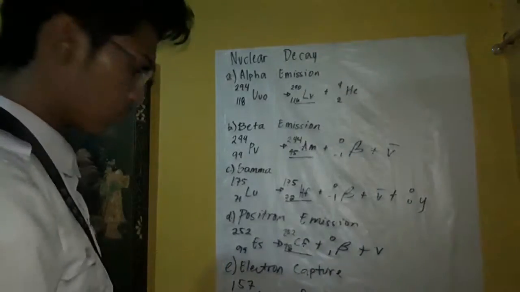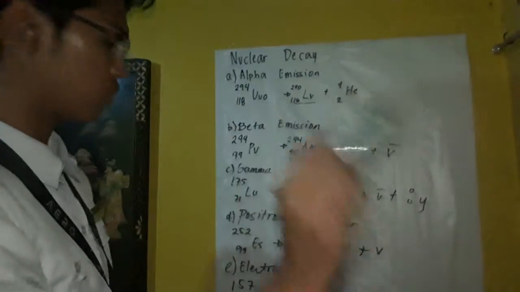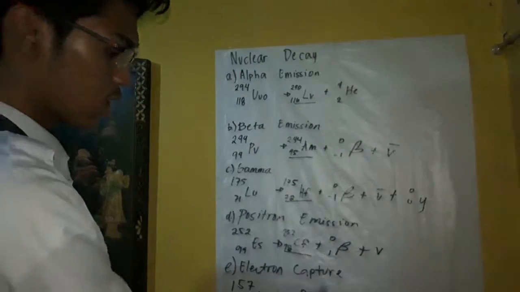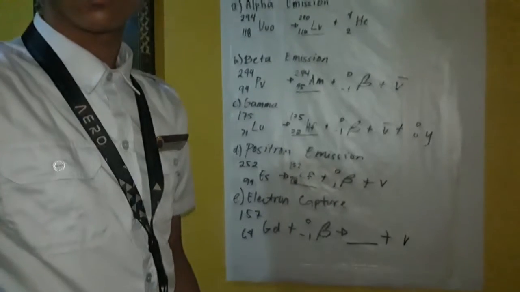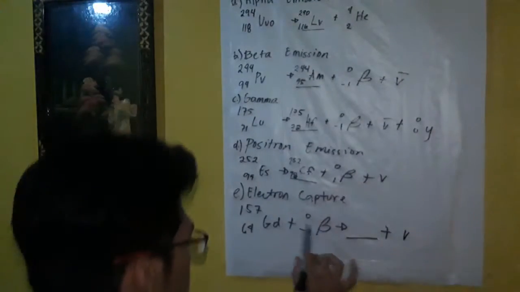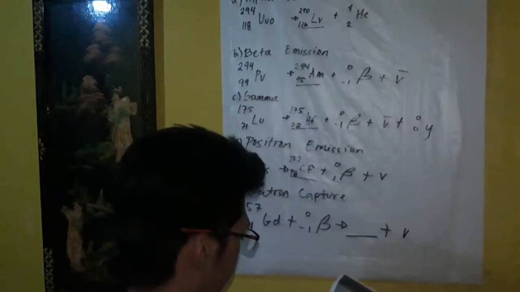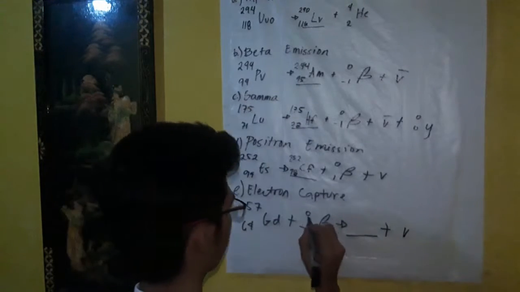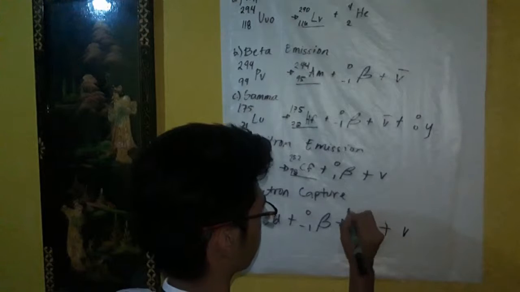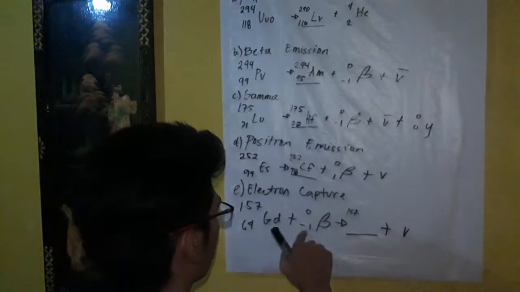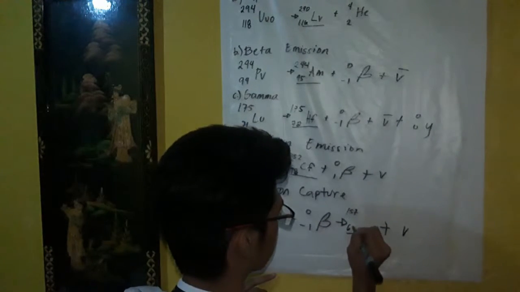And the electron capture, the 0 -1 and B sign will be put on this side, because that's the electron capture, and it has neutrino. So the 157, 0, so 157, and 64 minus 1 is equal to 63.